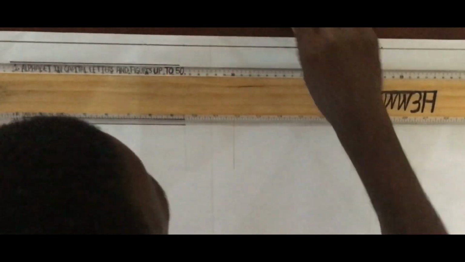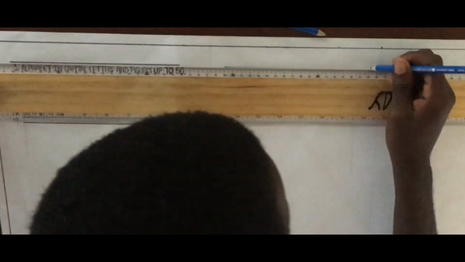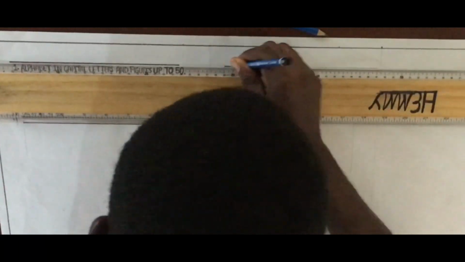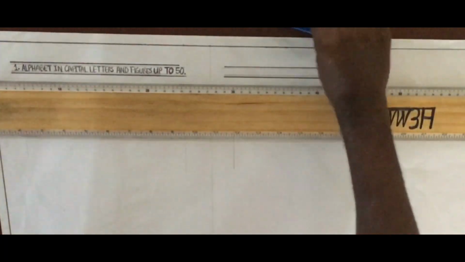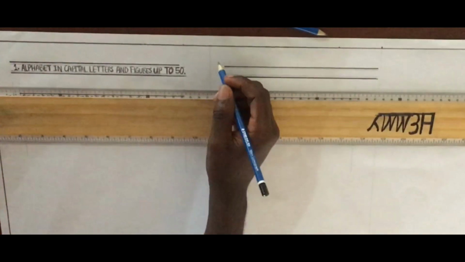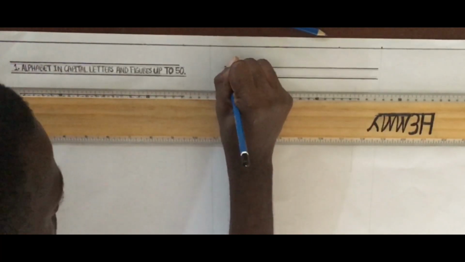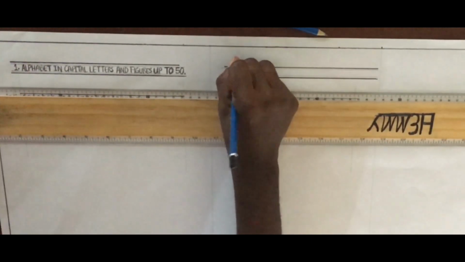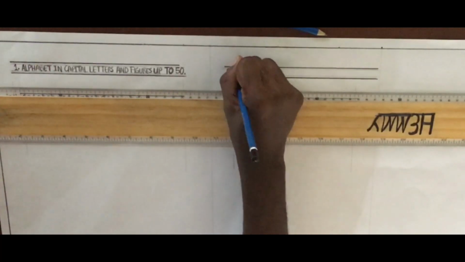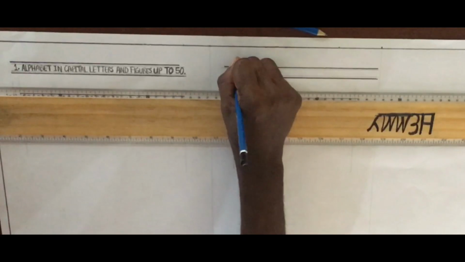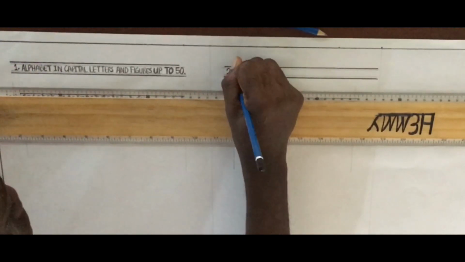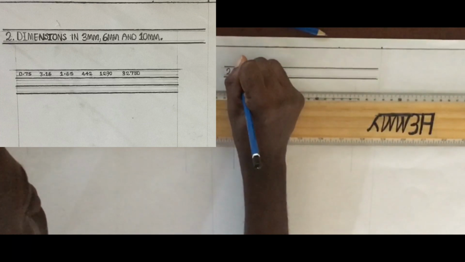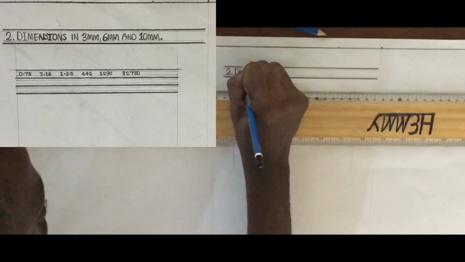Then lastly, T continuous line. Okay, so we then write dimensions in 10 millimeter.